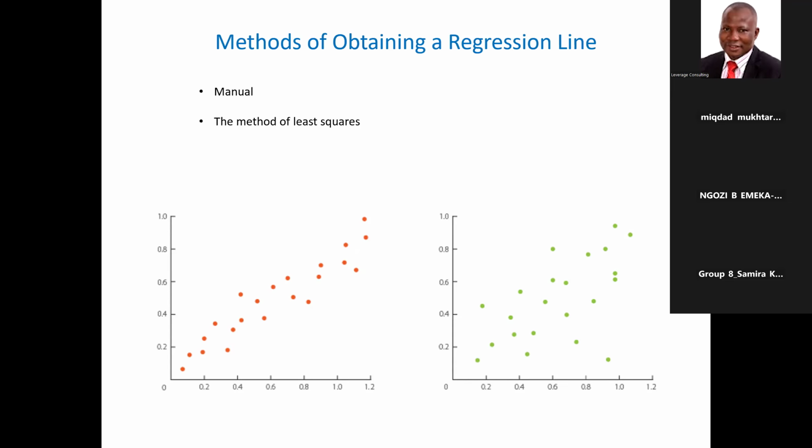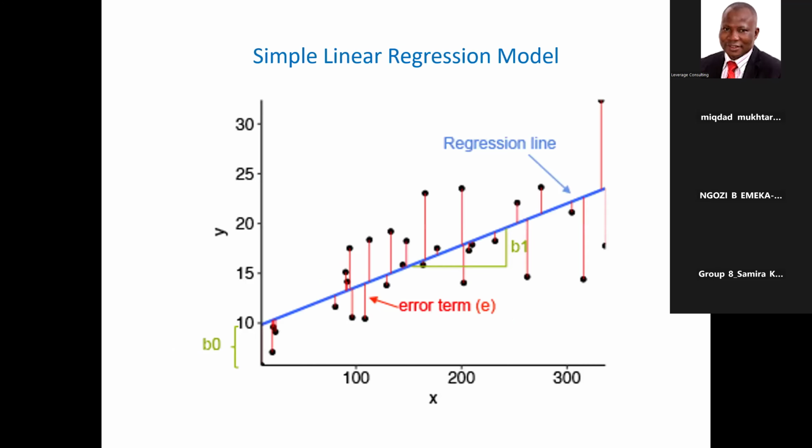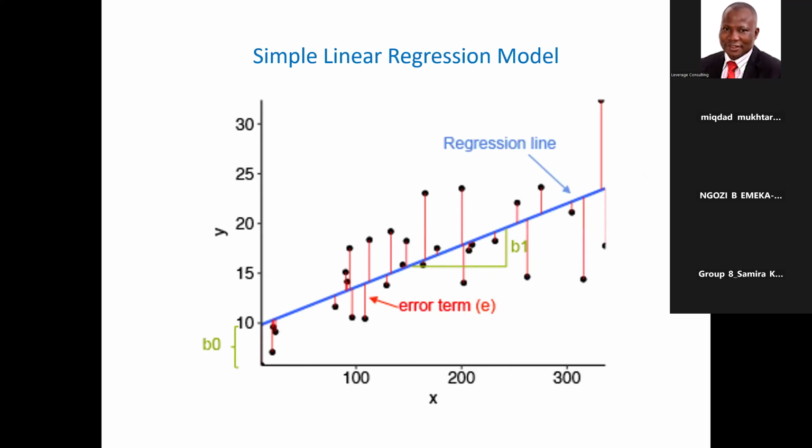The other way, which is more refined and more scientific, is to use the method of least squares. What do you mean by the method of least squares? When the dots are scattered like that, for the line we pass through, you look at the distance of each dot from the line. You draw the distance of each value from the line, just like what they did here.